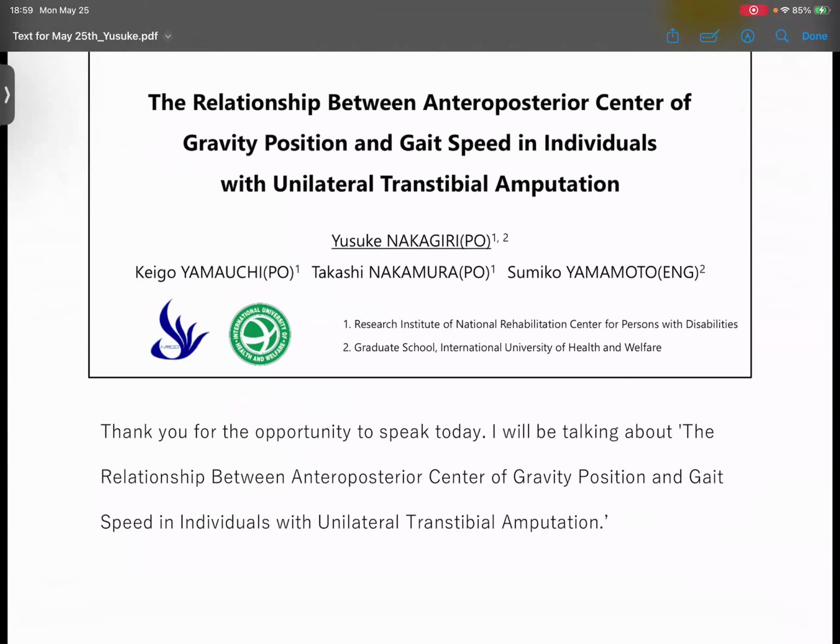Okay, let's try this. Posterior. Transtibial. Transtibial. Yeah, okay. You're going to have to make a little bit of an effort.